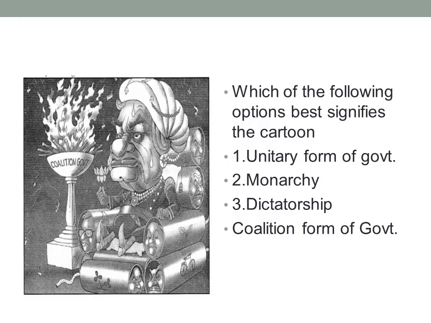So that is a coalition form of government. But since when you are in a coalition form of government, different parties negotiate with you for their demands, it becomes very painful to run such a government. So that coalition form of government is being depicted over here.